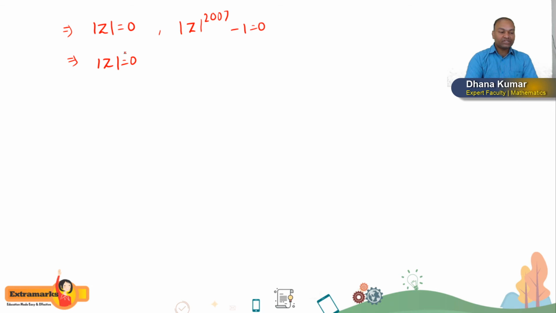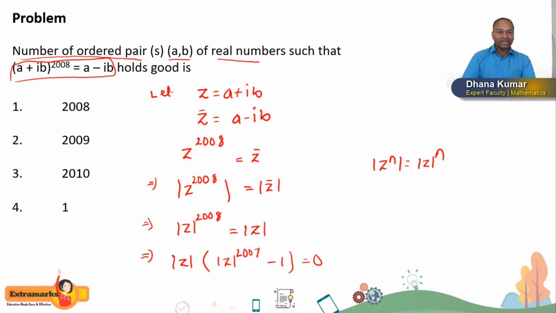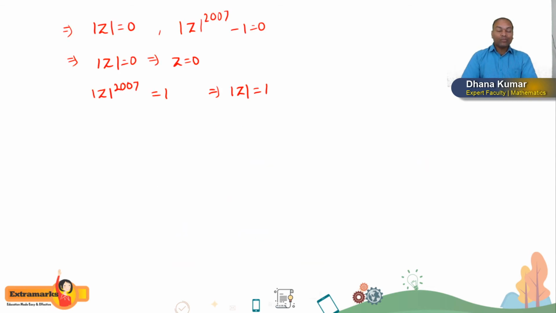Right. Next, second case: mod z power 2007 minus 1, shift this side, is equal to what? 1. Implies mod z is equal to what? 1. Correct now? But actually we calculate what? Number of ordered pairs. Okay. Fine. Here mod z is equal to 1.